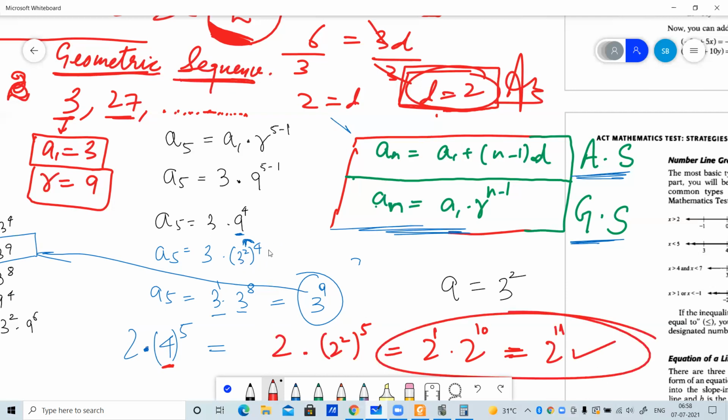Previously you made 2 mistakes. You were not able to convert 9 into 3 squared, and then you were not able to multiply the exponents. You added the bases also, but that was not the case. So now you didn't make that mistake again. You are done now. If this type of question comes, I believe 99.99% that you will not make the same mistake again.